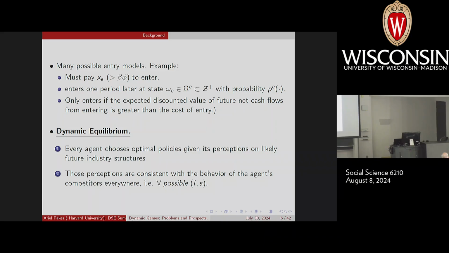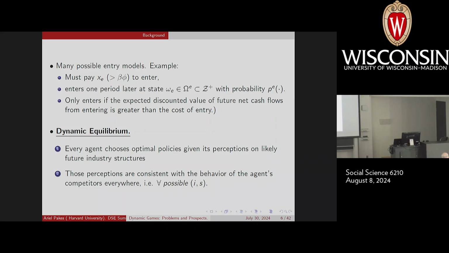If it wasn't, you'd enter just to exit next period and get beta times phi minus XE. That's what's called chattering in the OR literature. So then you enter one period later at omega E, and you only enter if the expected discounted value of future net cash flows from entering is greater than the cost of entry.